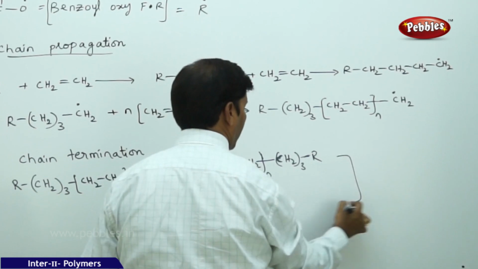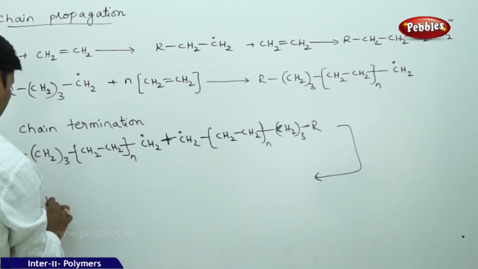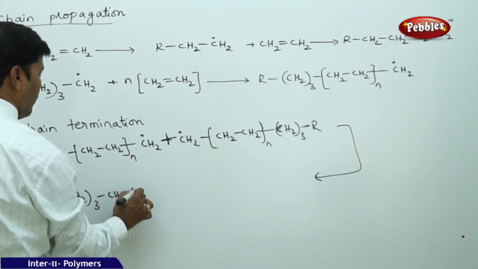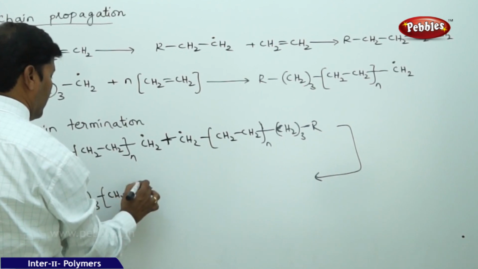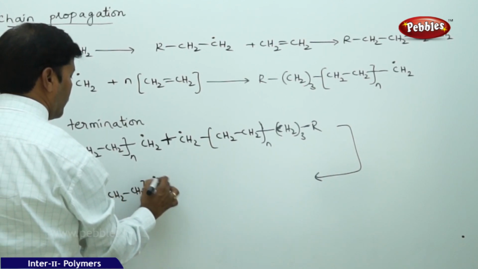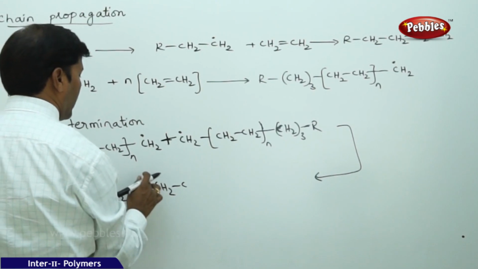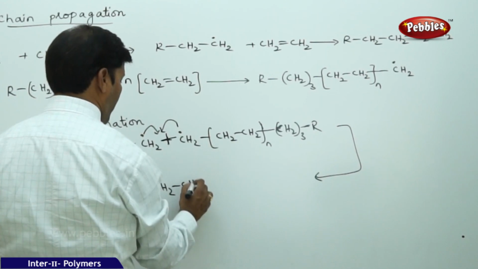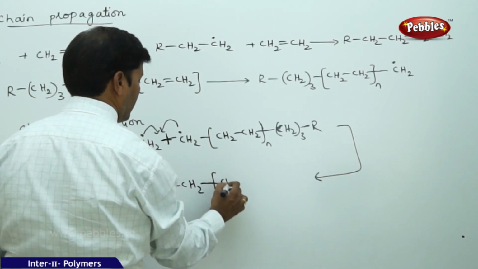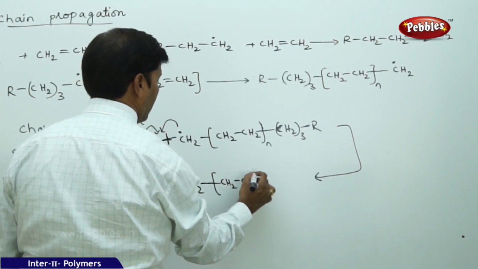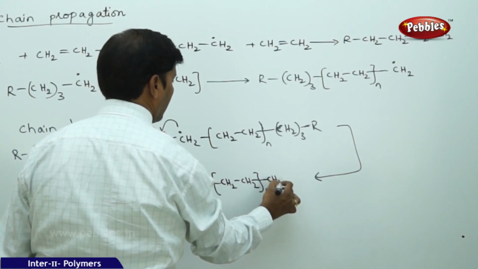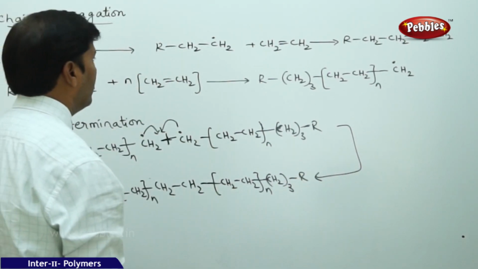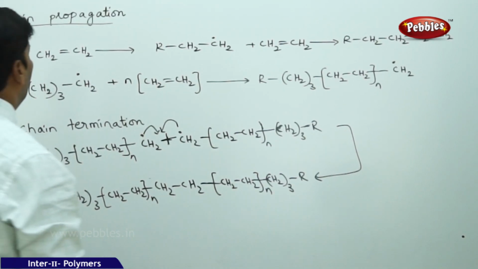The reaction goes to completion and you get the terminated polymeric structure, a chain elongated polymeric product.